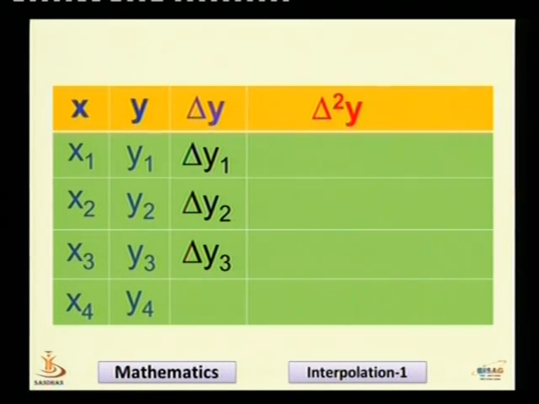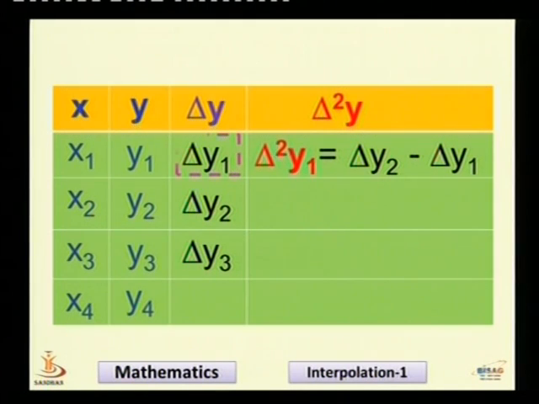We already mentioned that delta square y is the difference of the first order differences. So delta square y1, that is the second order forward difference at the first data point x1 y1 in the table, shall be obtained by delta y2 minus delta y1. Similarly, delta square y2 shall be obtained by delta y3 minus delta y2.